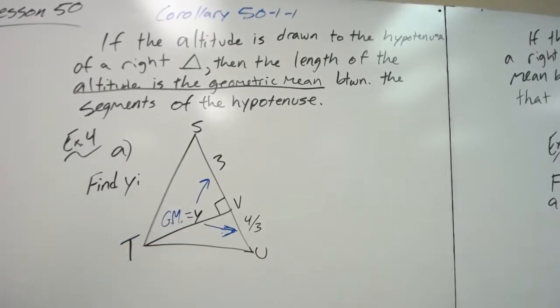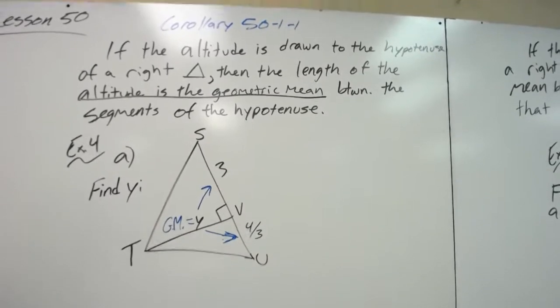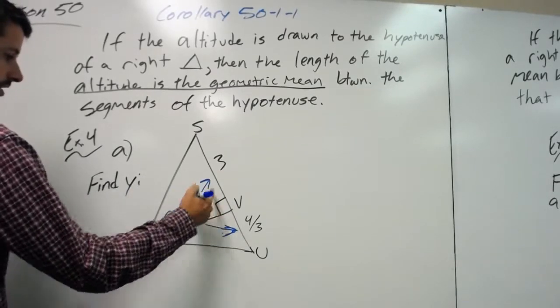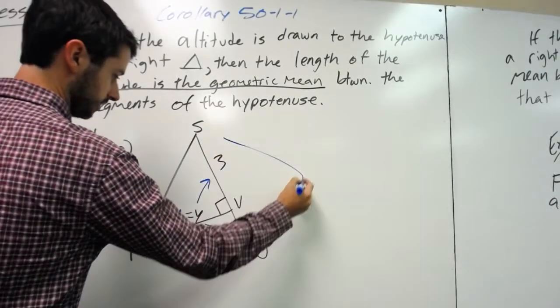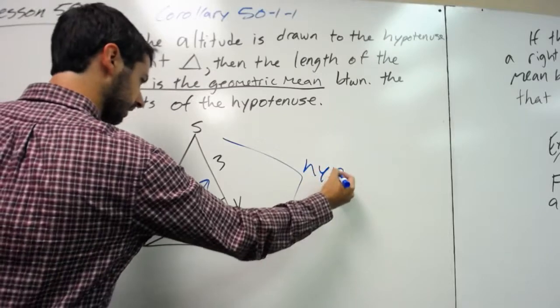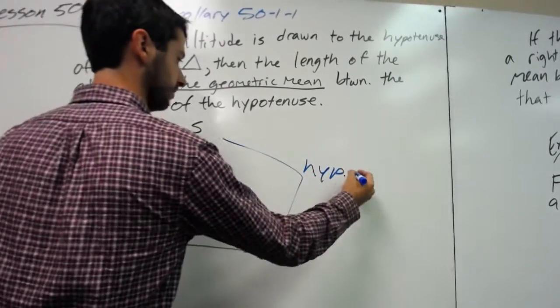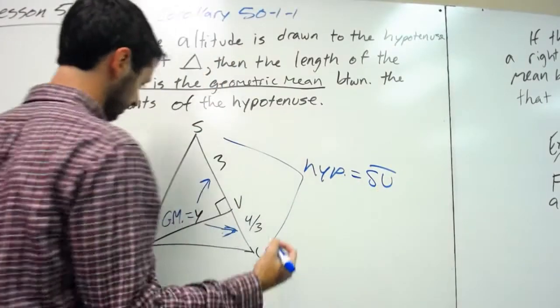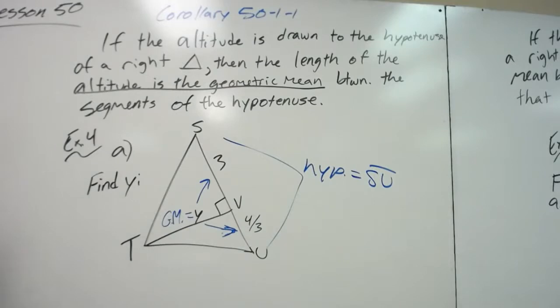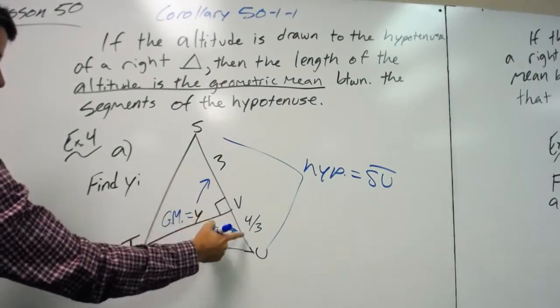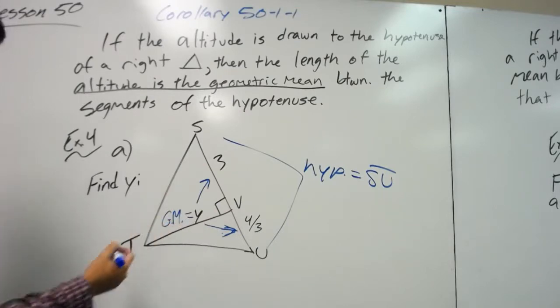And so since it's the altitude, line TV is going to be the geometric mean between segments of the hypotenuse. Here's our hypotenuse. This is what the book is saying. It doesn't really look like the hypotenuse, that's why it's kind of confusing, but it says side SU is the hypotenuse, so we're just going with it. So the geometric mean between these two segments of the hypotenuse is y.